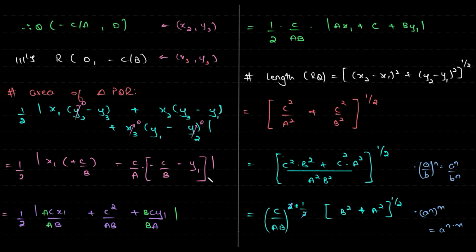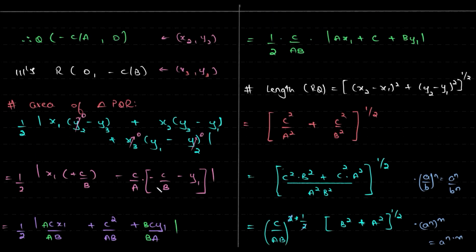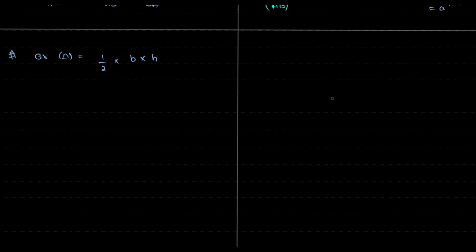So we have the area, we have the length, and all we have to do is substitute it in area of triangle is equal to half into base into height. So we have the area expression. Let's copy that. I'm not going to write all of this again. And on the RHS, we have a half.